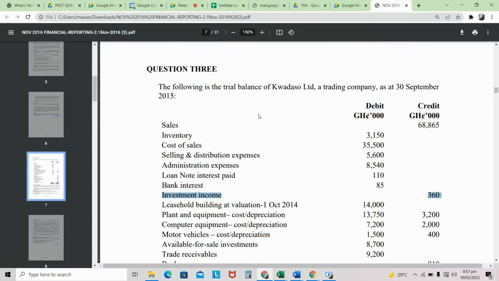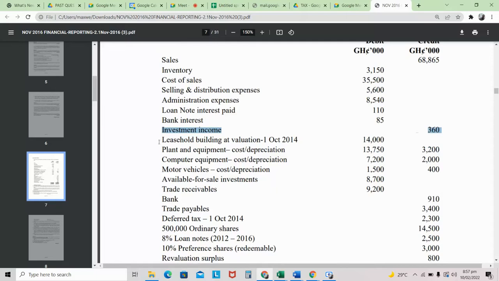So investment income. Leasehold building, this is balance sheet. Plant and equipment, balance sheet. Motor vehicle, balance sheet. Available for sale investment, balance sheet. Trade receivables, balance sheet. Bank, balance sheet. Trade payables, balance sheet.